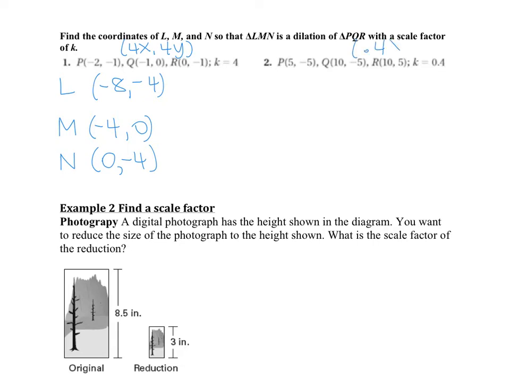This is going to be a reduction, so the numbers should get smaller. So 5 times 0.4 is 2. 10 times 0.4 is 4.